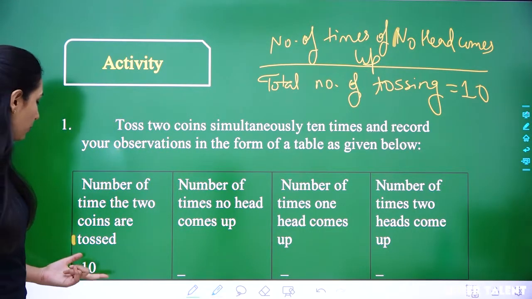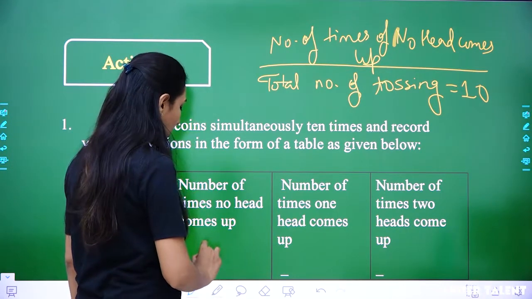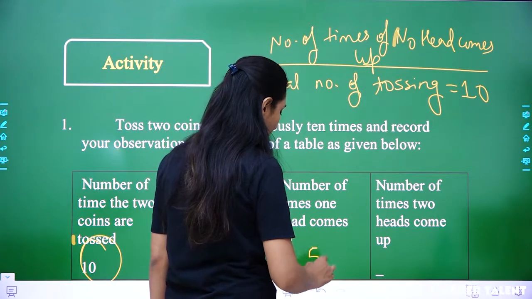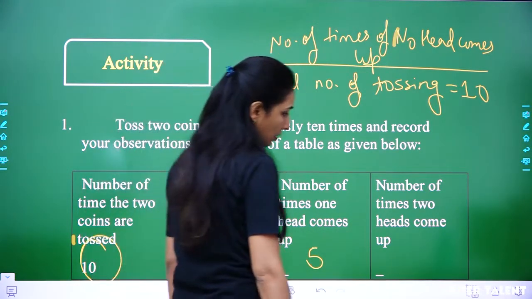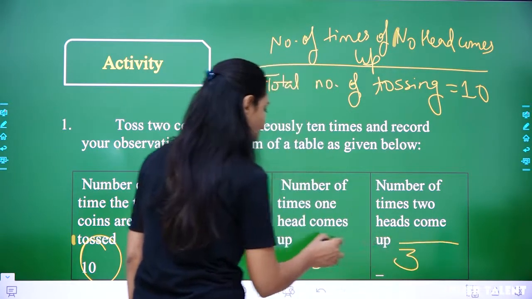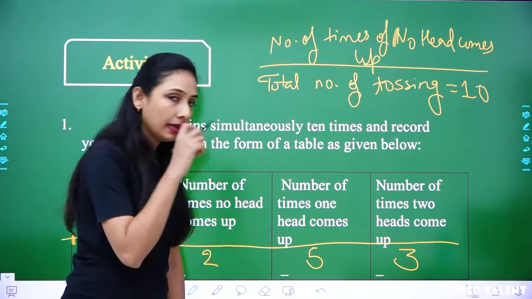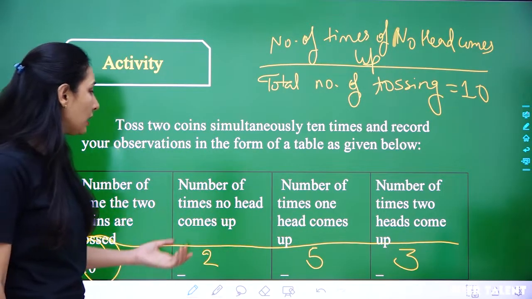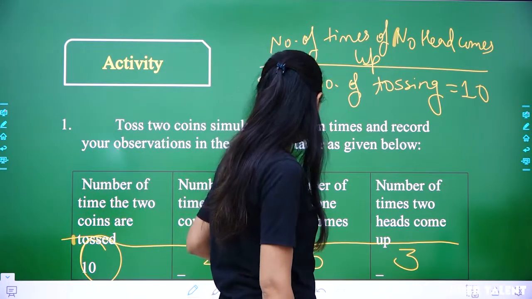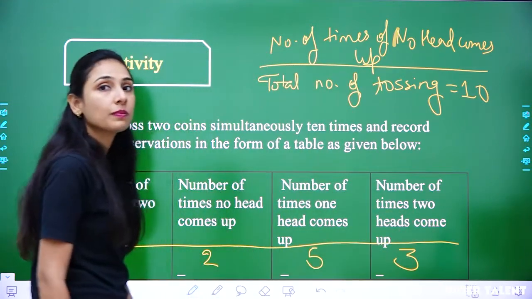So you are going to toss it 10 times and write these things. Maybe it's 2 times here, 5 times here, and 3 times here, so you'll have a total of 10 from this table. So 2 times no head shows up, 5 times 1 head comes up, and 3 times 2 heads come up.